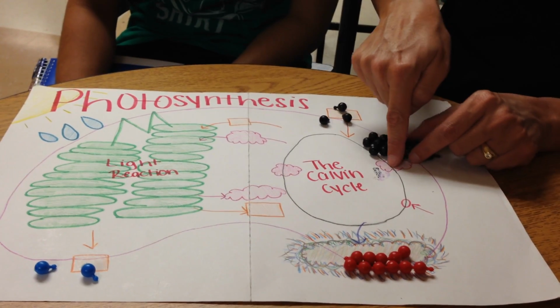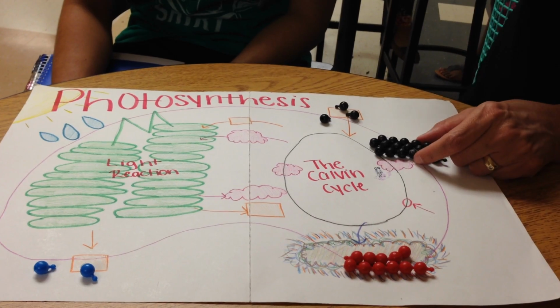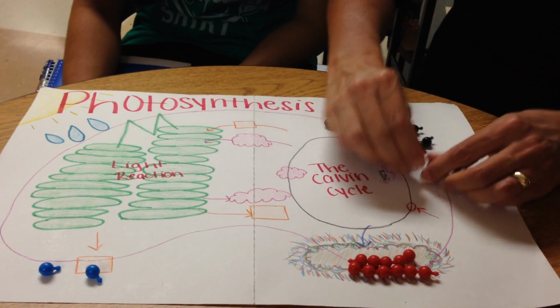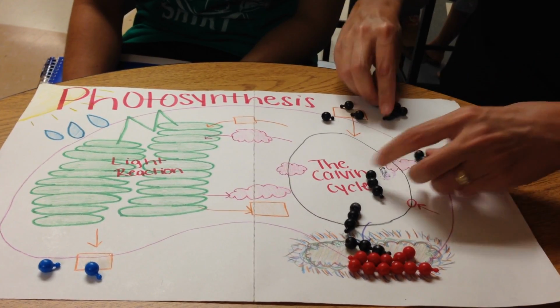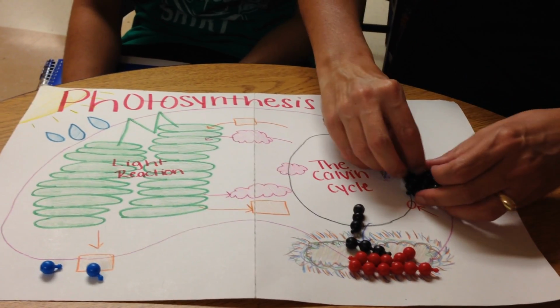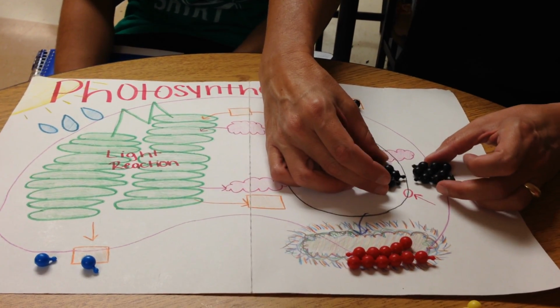This spot on the Calvin cycle reminds me I'm going to use some of that energy, the ATPs I just got done making. That energy is used to break apart or rearrange those chains. Now instead of having 3 chains of 6 carbons each, I've got 3 chains of 5 carbons each.